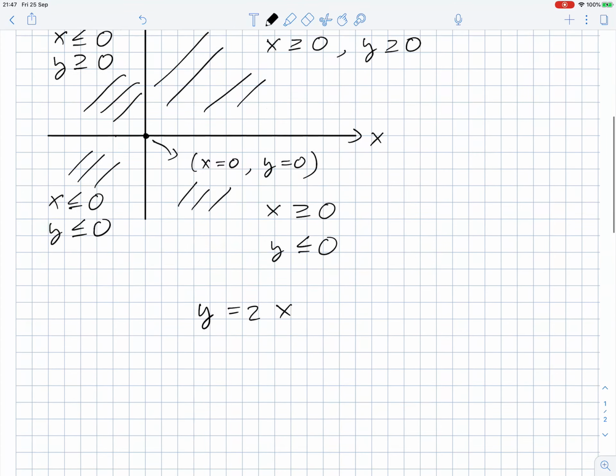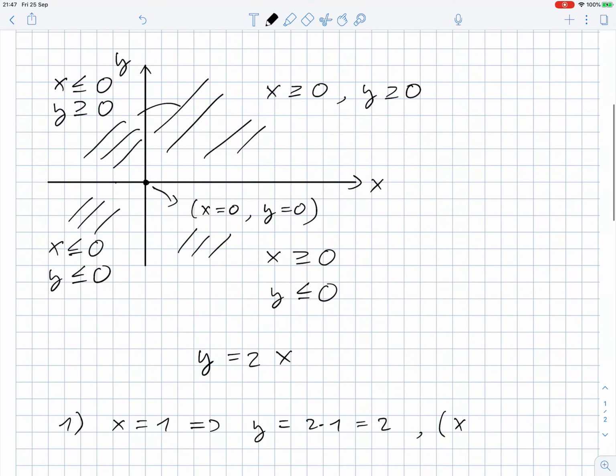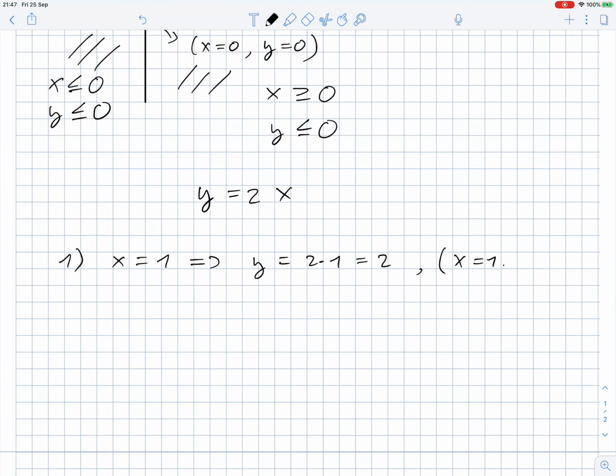Suppose we take 3 points. For example, x equals 1, therefore we have y equals 2 times 1, which is 2, which means we will have to find in this system the point where x equals 1 and y equals 2.